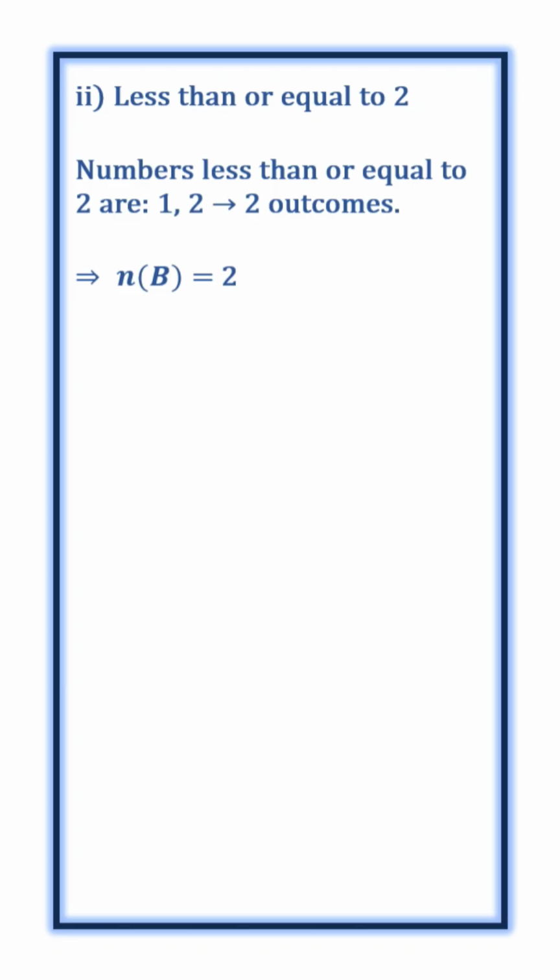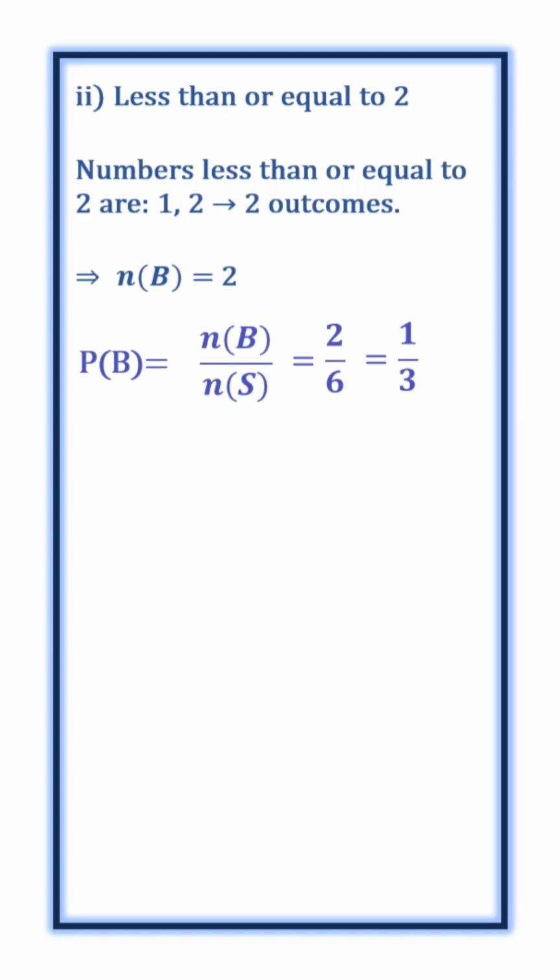So P of B, the probability of getting a number lesser than or equal to 2, is number of B upon number of S. Number of B is 2, number of S is 6. 2 1s are, 2 3s are. So that is equal to 1 by 3. It is the answer here.